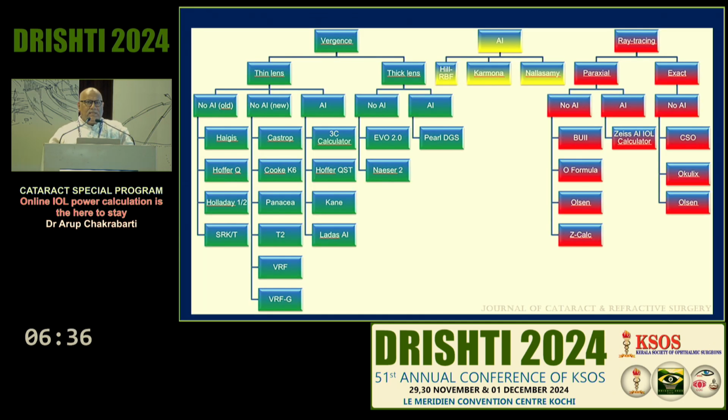I think this is the latest classification of IOL power calculations. Don't worry, I'm not going through each and every formula mentioned here, but this is a very easy to understand classification. There are so many formulas, and most of these are available online. Many of these formulas have to be proved and re-verified in large volume practices.